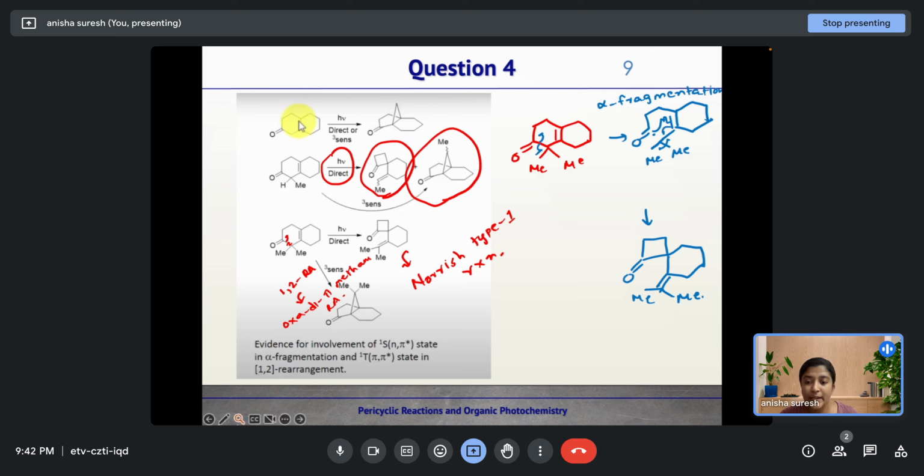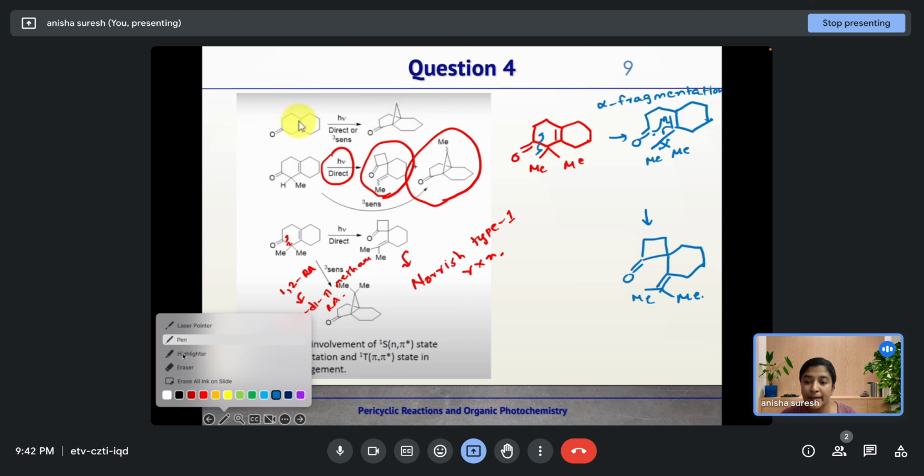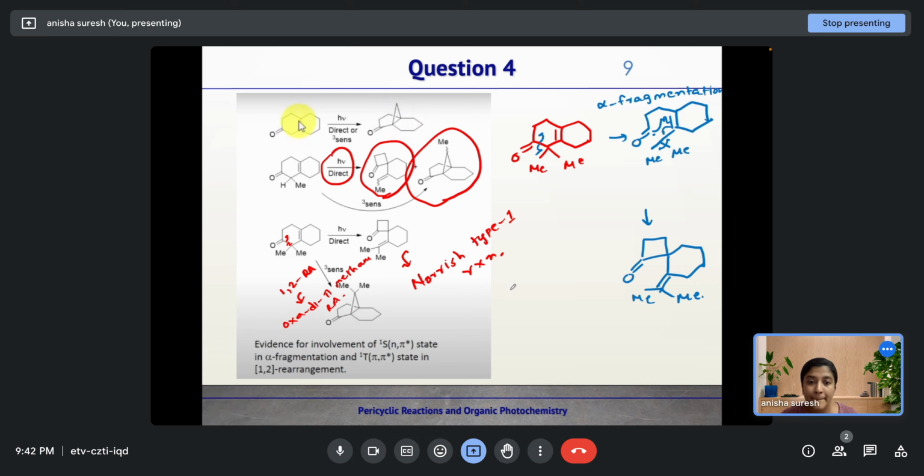Now if we consider the oxadi-pi-methane rearrangement, upon irradiation we will get these two radicals.